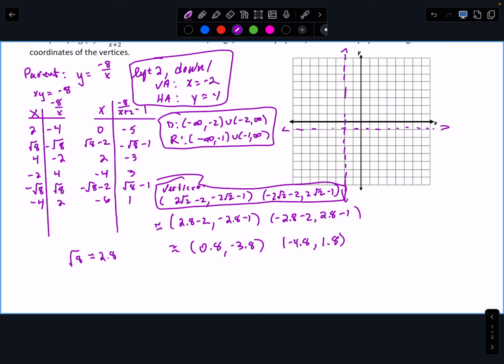So now I'm going to start by plotting the two vertices. Because A is negative, I expect a branch here, and I expect a branch here. We go right 0.8 and down 3.8, so somewhere there is my first vertex. For my second vertex, go to the left 4.8 and up 1.8, so about there.